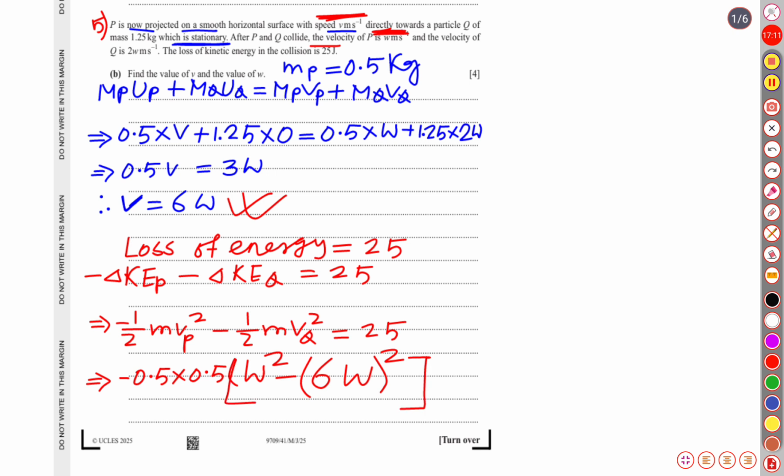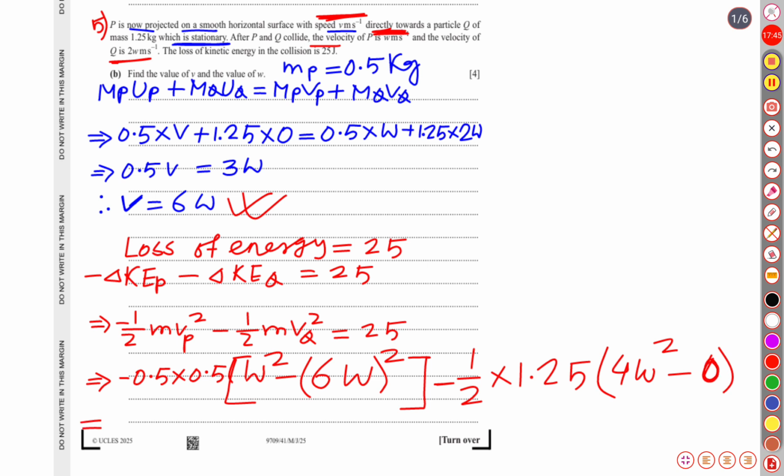Minus the second one: minus half, and the mass of particle Q is 1.25. The final velocity of particle Q was 2w, so we will write 2w square, meaning 4w square. And the initial velocity was 0 because particle Q was stationary.